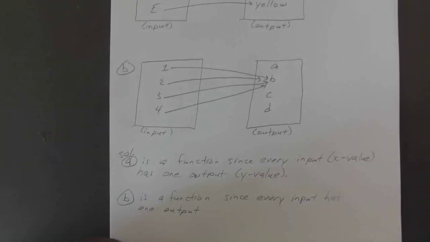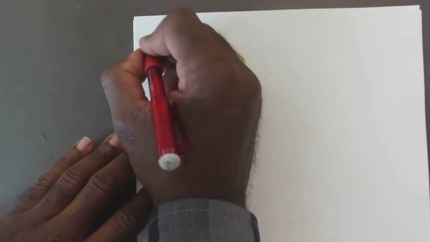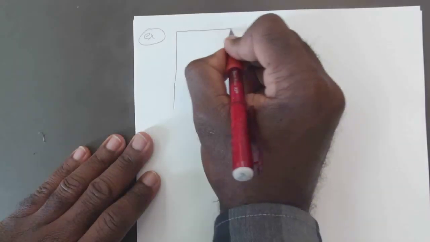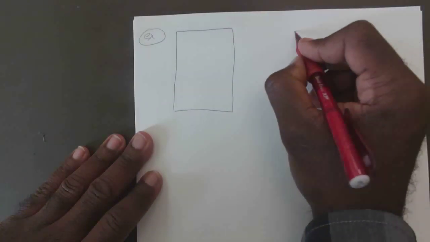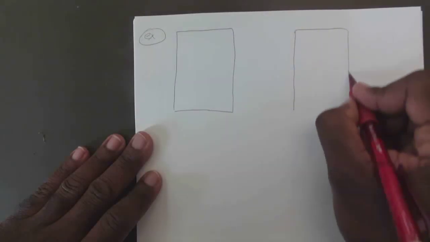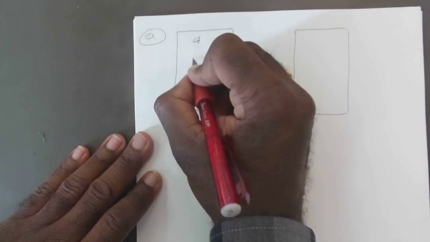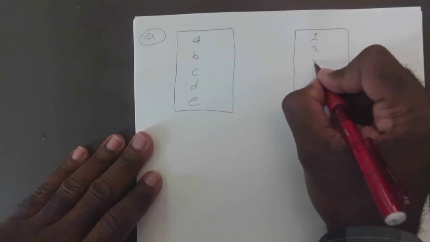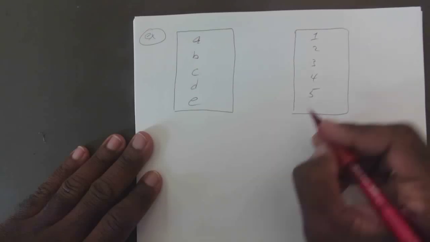All right, so we'll do one more like this. We'll make sure everyone's still drawing. Okay, so what if we had A, B, C, D, E, 1, 2, 3, 4, 5, and 6.